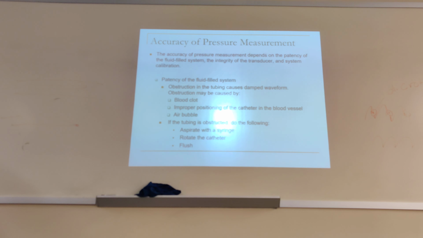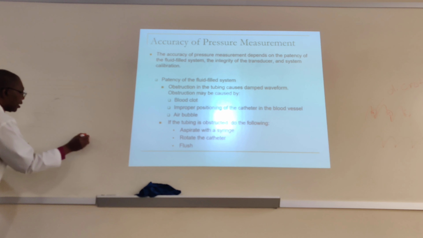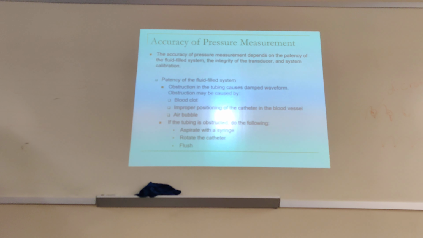Sometimes things go wrong, where instead of the catheter ending up in the midline of the blood vessel, it is like that. It runs into the wall of the blood vessel. That's an obstruction, and that will cause you to have a damped waveform. Maybe the patient moves around or something.